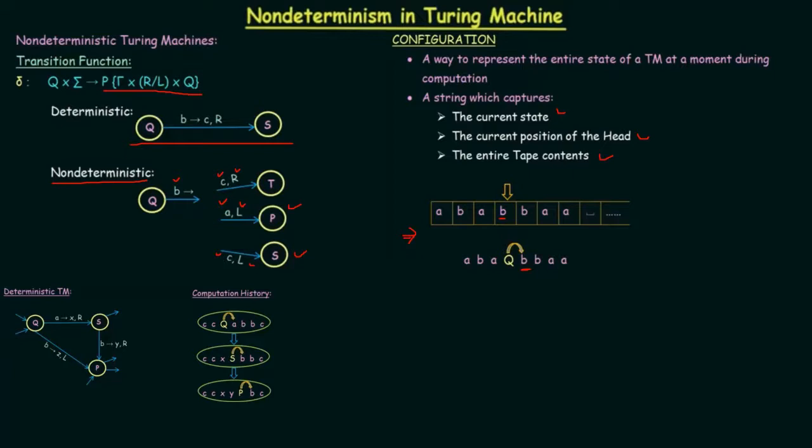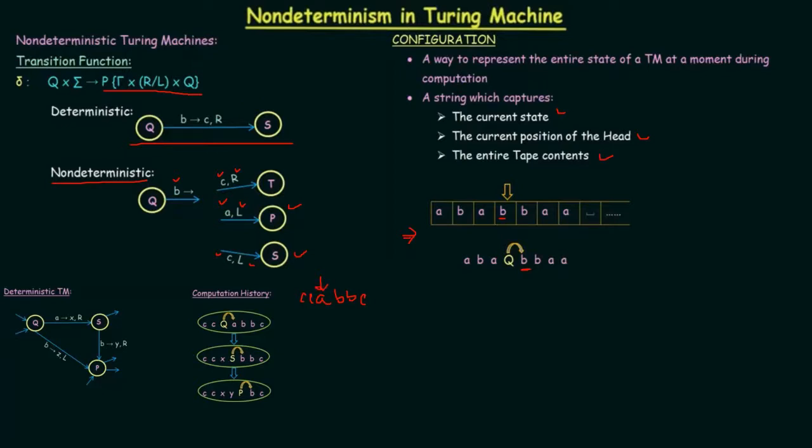Let's say that we have a string CCABBC, and the head is currently pointing at this particular position. So how can I write this?